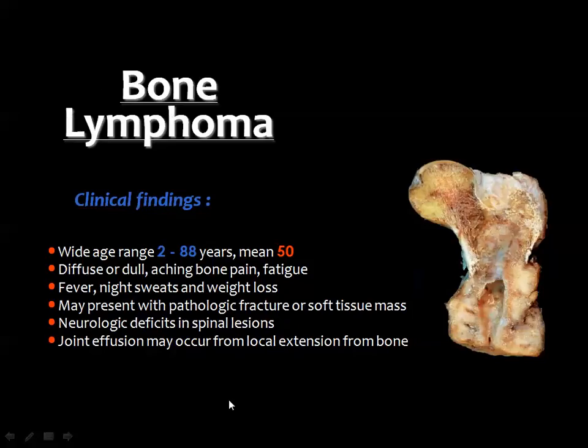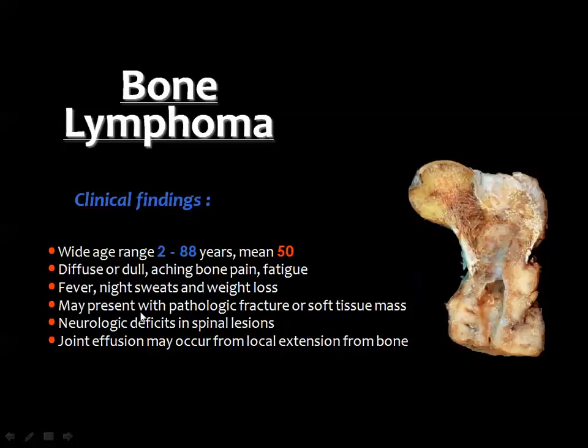And finally, we came to the issue of bone lymphoma, and the average age of presentation is also around 50 years of age. The lymphoma may present by fever, night sweats, and weight loss, diffuse or dull aching bone pain, as well as fatigue.